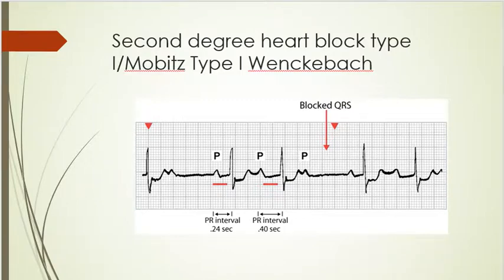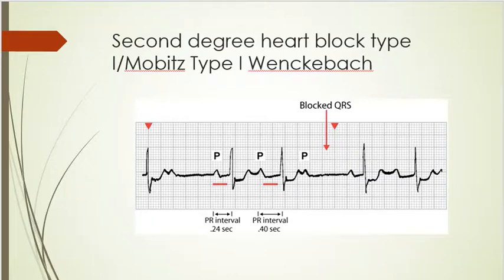If it's a new first degree AV block, hopefully you've called the doctor already. There are two types of second degree block, so we'll talk about the first type. This is an actual block that occurs when the impulse comes down from the atria and is interrupted in the AV junction, hence AV block.